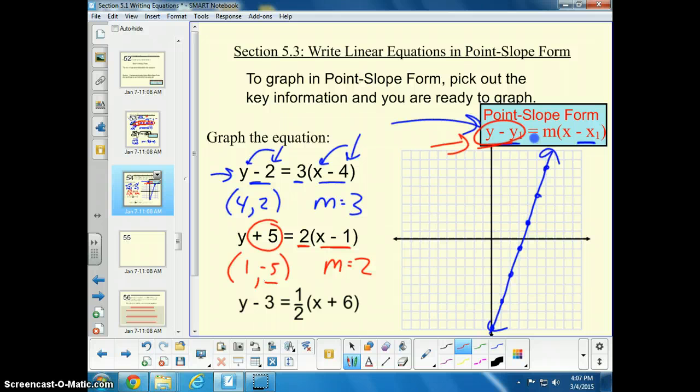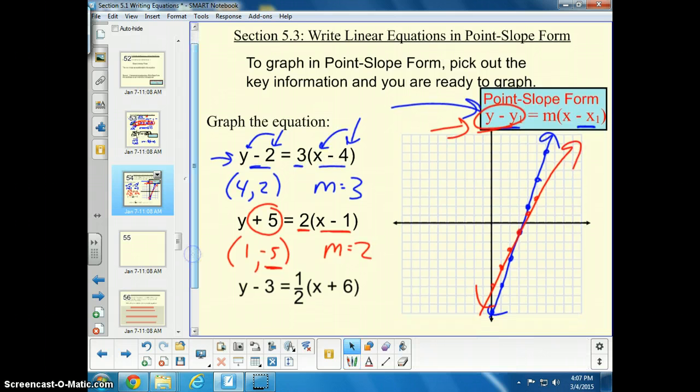So really this is going to be -5 for my coordinate. So 1, -5 is where this line goes through, 1, and then 1, 2, 3, 4, -5, and has a slope of 2, so up 2 over 1, up 2 over 1 is actually going to cross the other line I had. I can go down 2 and left 1, make it nice and accurate. There's my red line.